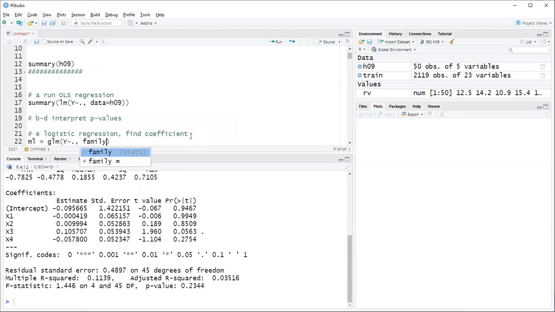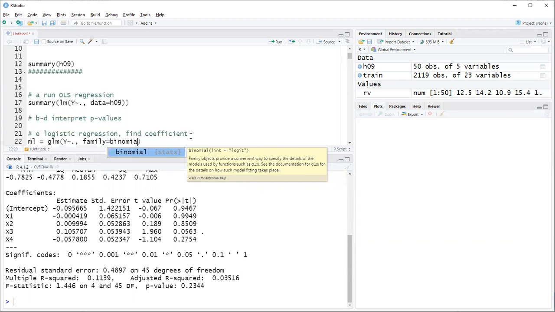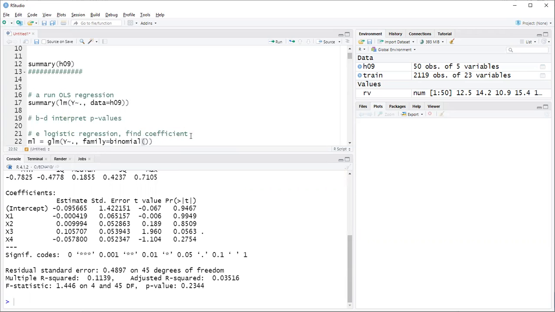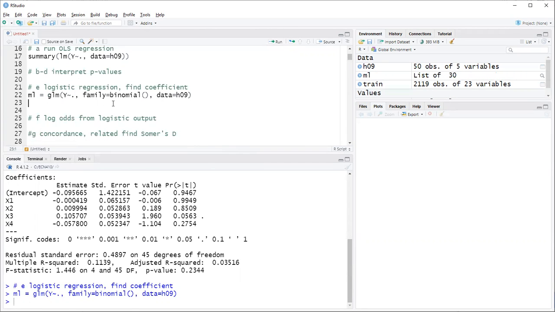So I type family equals binomial. And that line indicates that this is going to be a logistic regression. And then data is H09. So run that.